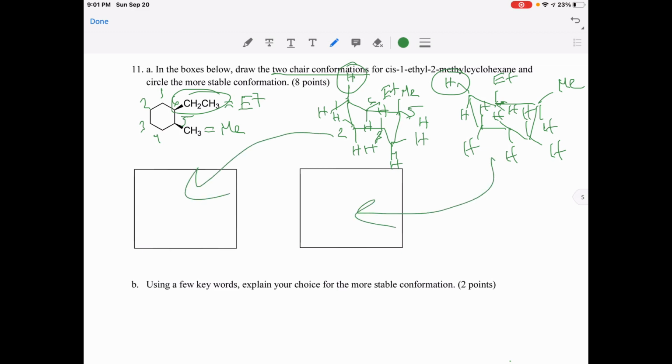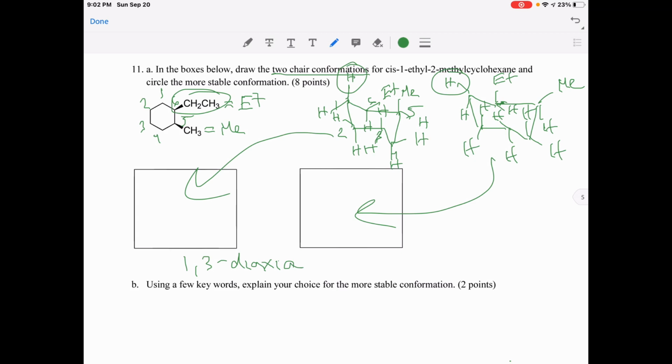But now the next question is to circle the most stable conformation. What we need to remember here is that when we are looking at these conformations, especially if they have substituents that are not hydrogens, we are trying to do our best to avoid an issue called 1,3 diaxial interaction.